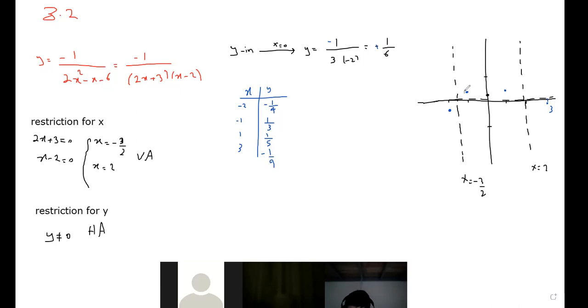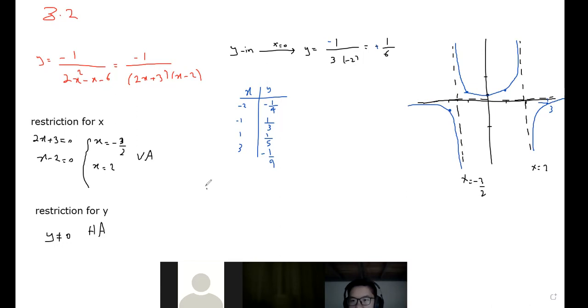So as you see, these 3 points I can connect, and you have to go toward the asymptote but never cross it. Here is the same thing. You go toward the asymptote, never cross it. Same thing here.